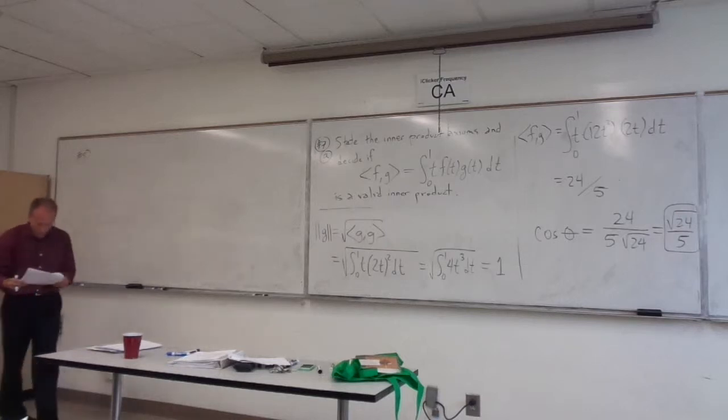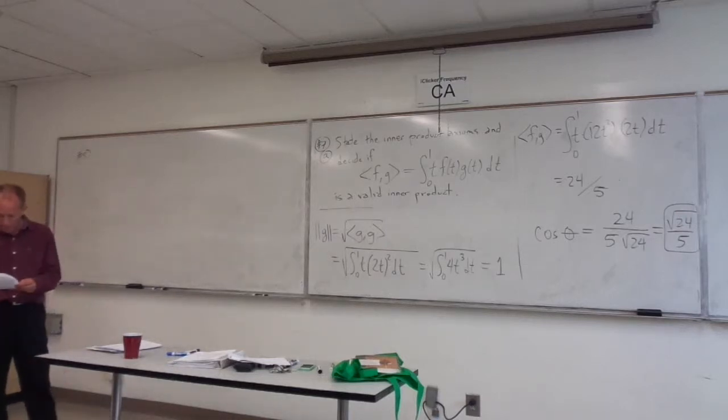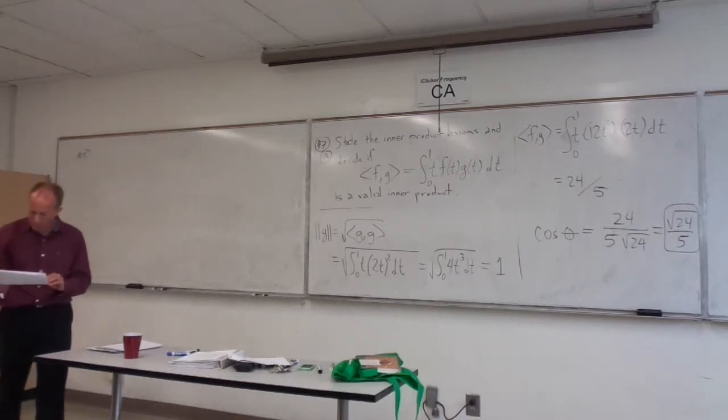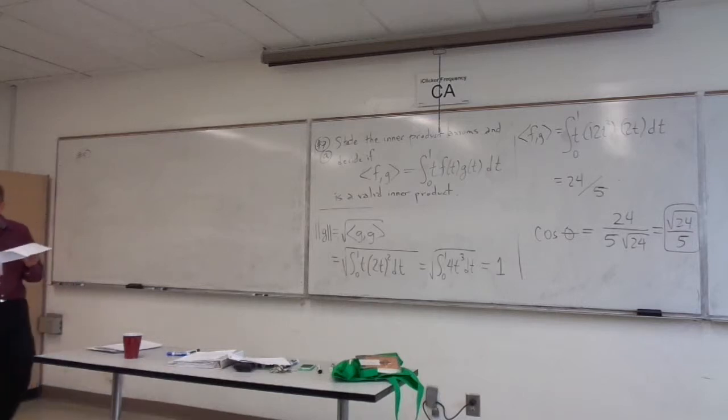So in theory there were 11 new problems, so how did I manage to cut down to 8? Oh, it's because I was going to skip these others. There's a couple others that show that this is not a valid inner product or whatever. And it's actually something that I think basically was in the homework more or less. So I wasn't going to do that one necessarily.